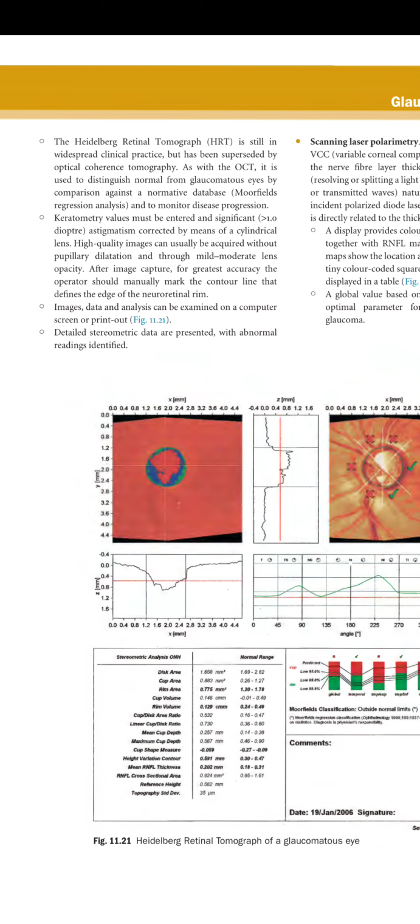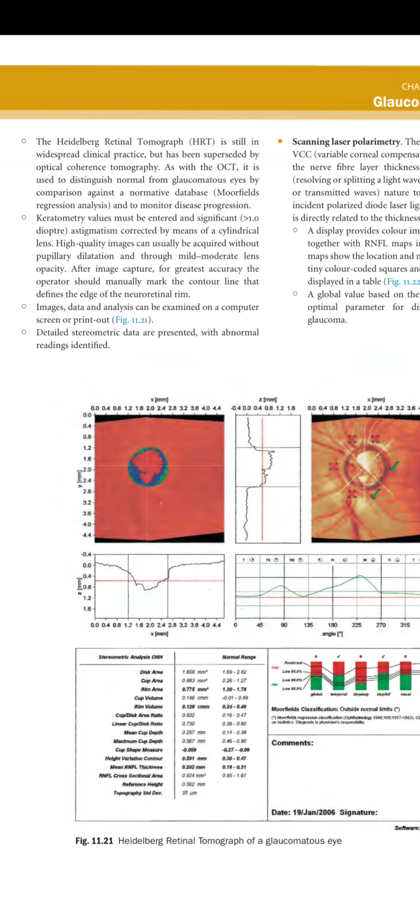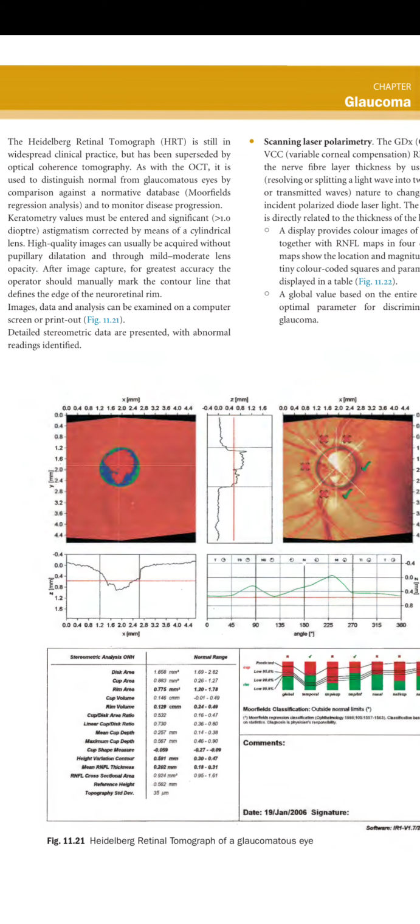Keratometry values must be entered, and significant astigmatism greater than 1 diopter is corrected by means of a cylindrical lens. High quality images can usually be acquired without pupillary dilatation and through mild to moderate lens opacity. After image capture, for greater accuracy, the operator should manually mark the contour line that defines the edge of the neuroretinal rim. Image data analysis can be examined on the computer screen or printout, and detailed stereometric data are presented with abnormal readings identified.